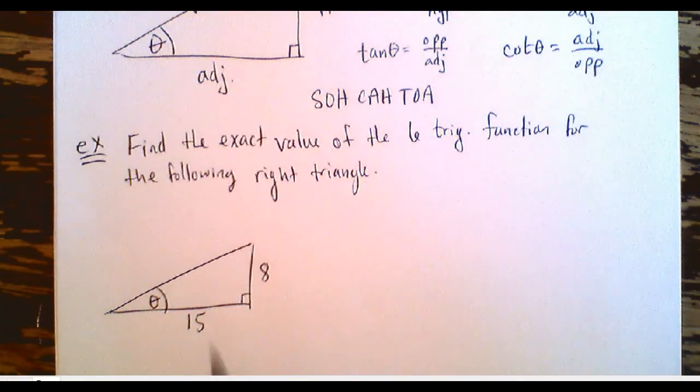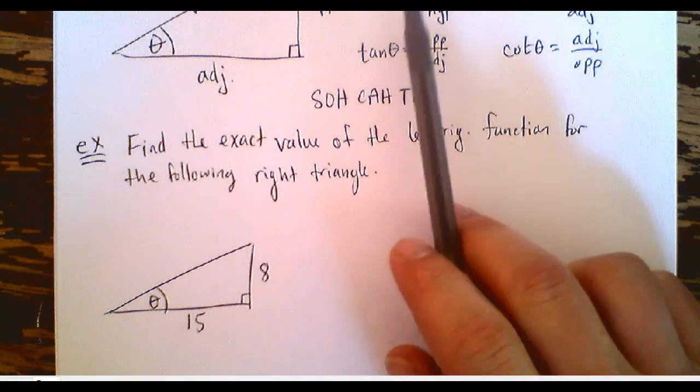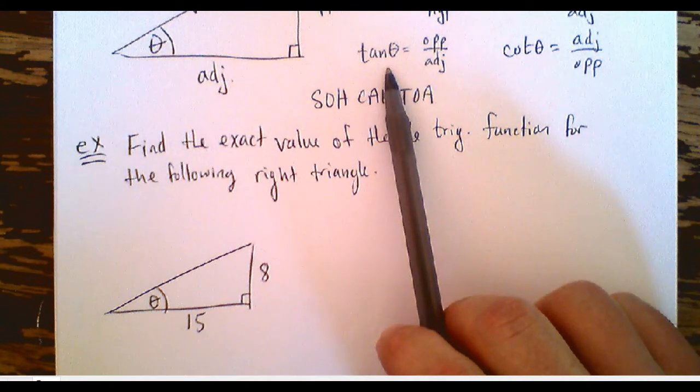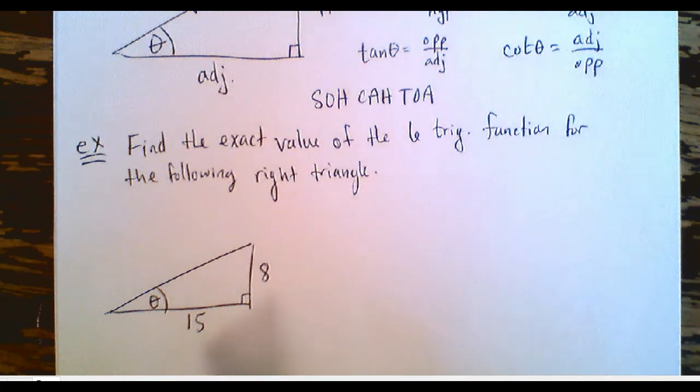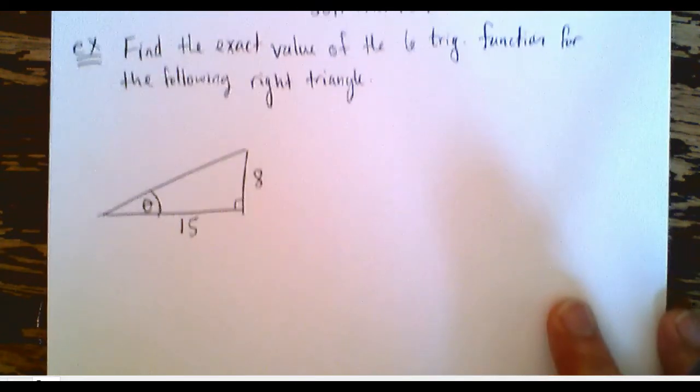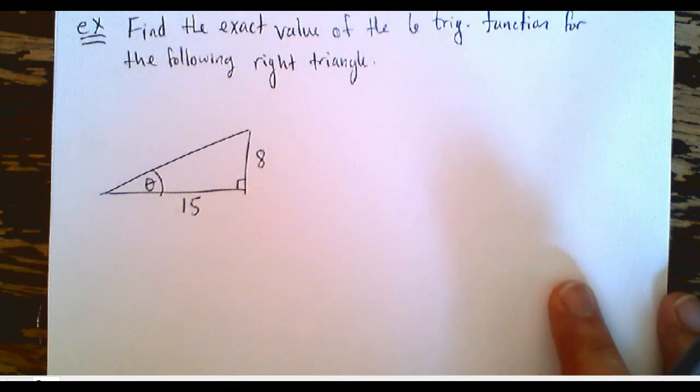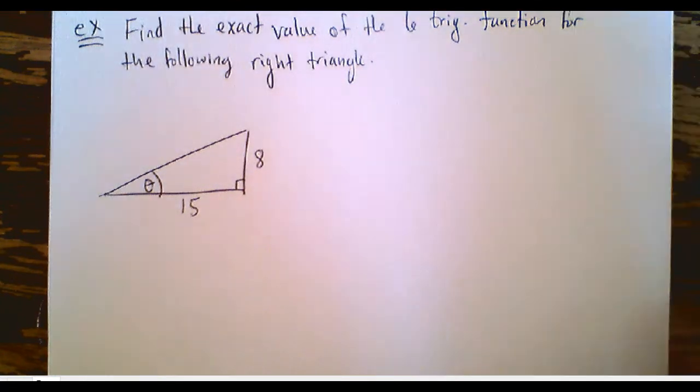So what we want to do is just find the sine, cosine, tangent, cosecant, secant, and cotangent ratios for this particular triangle. Now before we start, since we only know the adjacent and the opposite sides, let's first start by finding the hypotenuse. So remember that the hypotenuse can be found by using the Pythagorean Theorem.